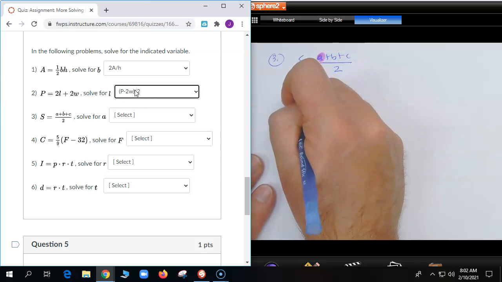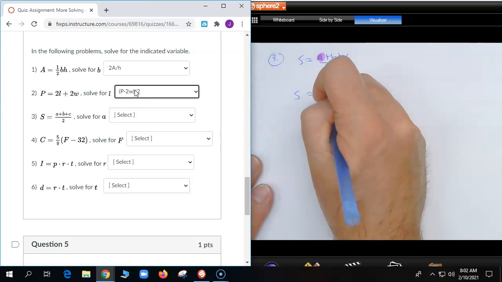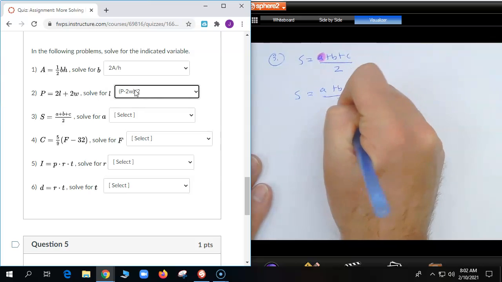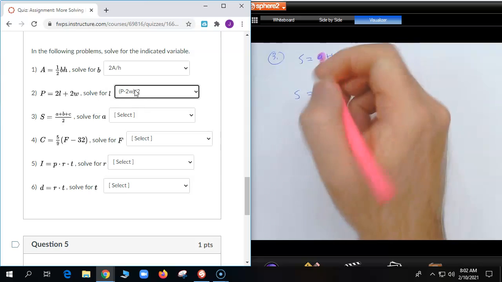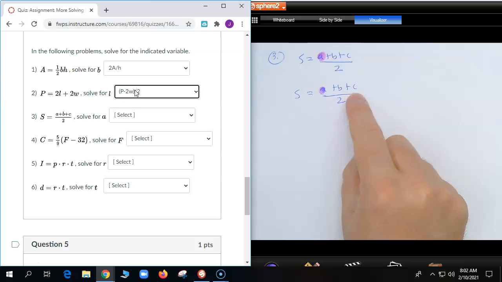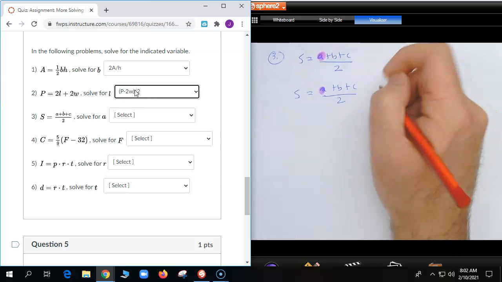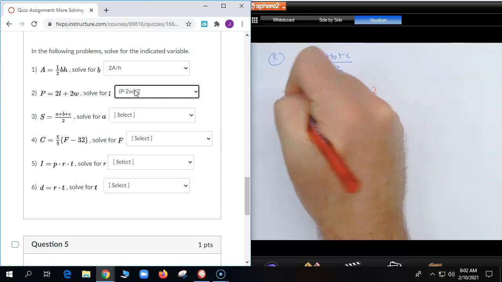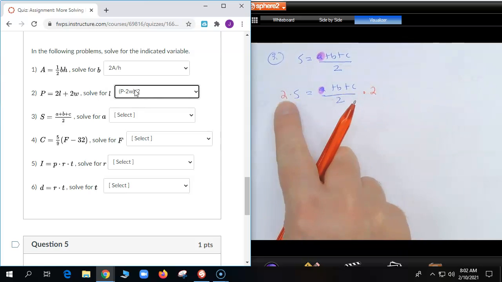I'm not going to do anything with that A, but I need to undo that dividing first. So I'm going to multiply both sides of the equation by 2.